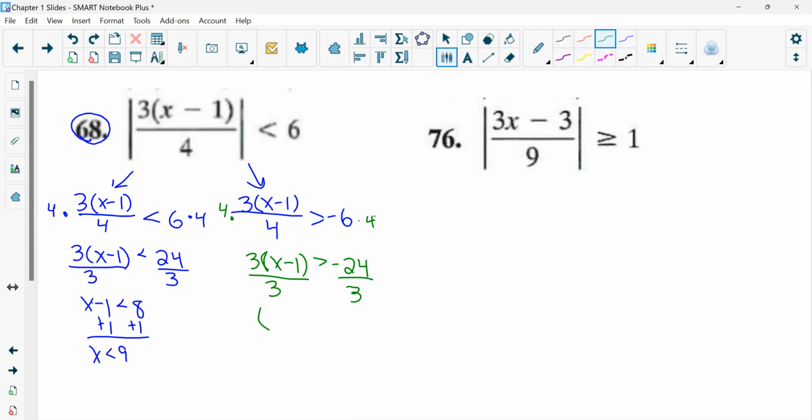And we get x minus 1 is greater than negative 8. And so we would add 1. X is greater than negative 7.